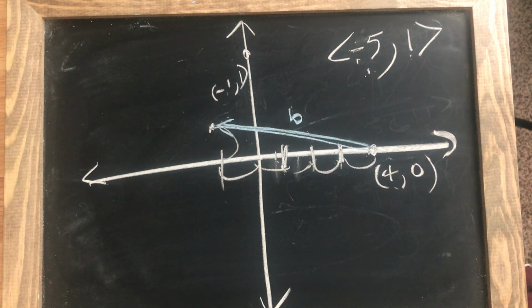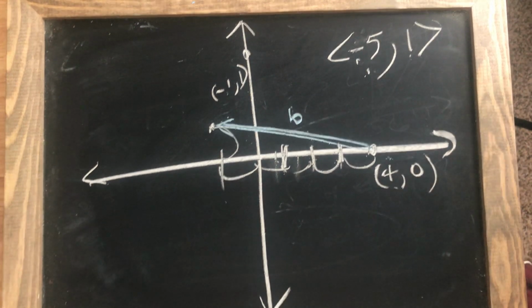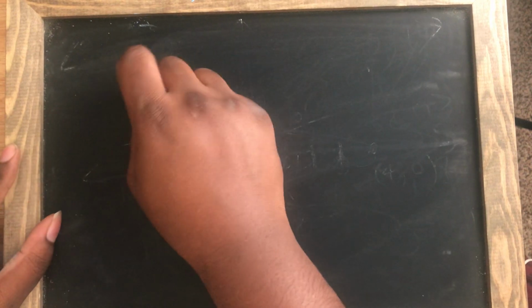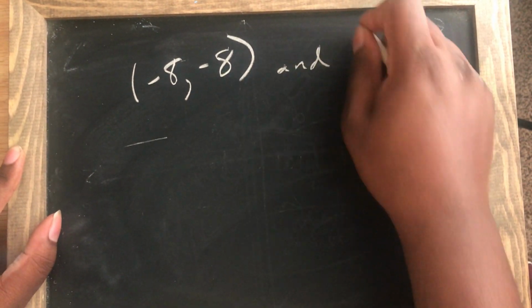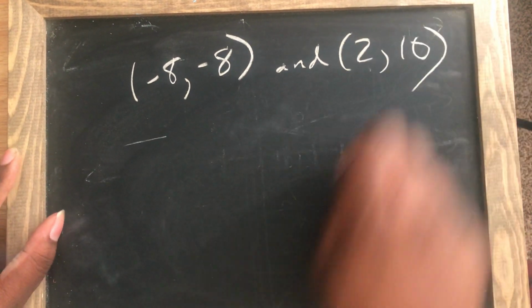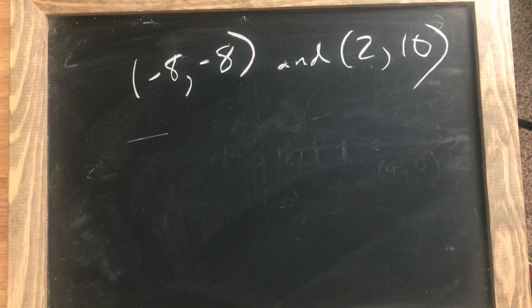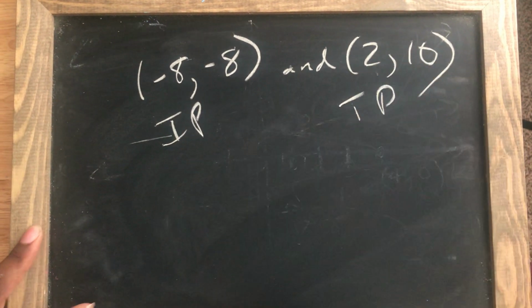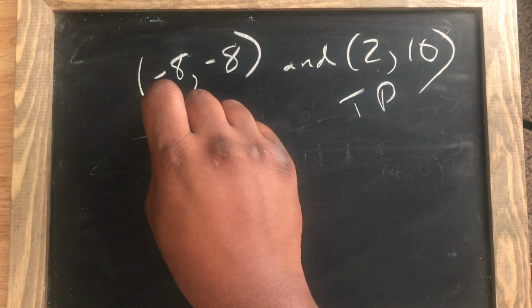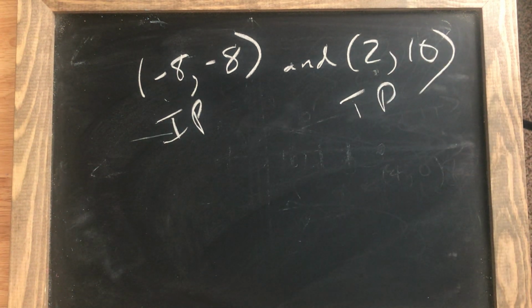Is there a formula? Yes. I'm not going to cover it here because it's really that simple. So if I say, hey, find the vector between the points (-8, -8) and (2, 10). If this is the initial point and this is the terminal point, from -8 to 2, how far am I going up?